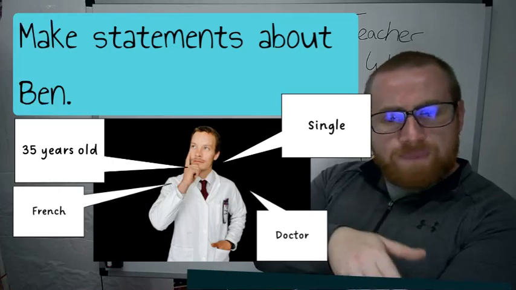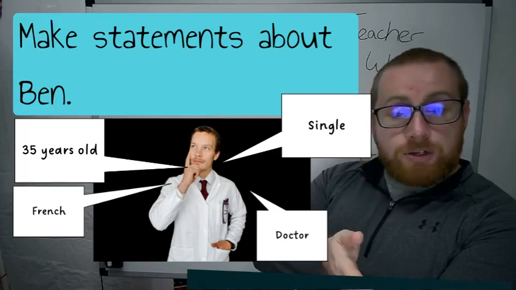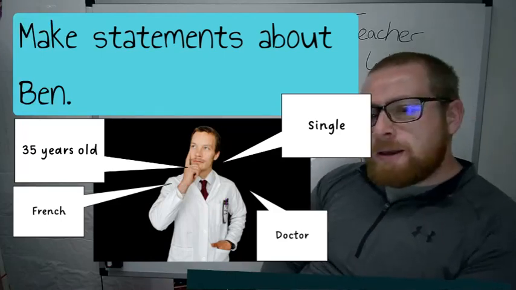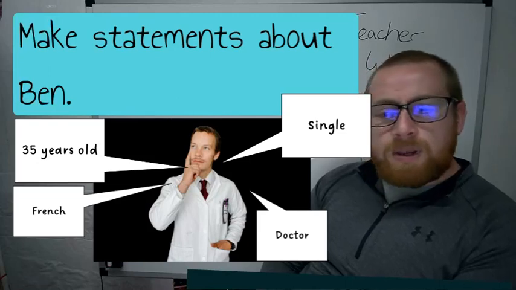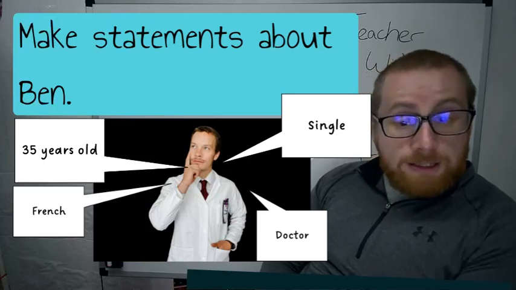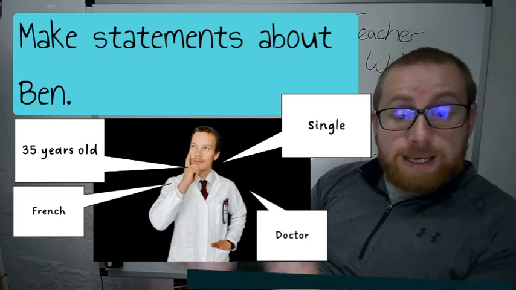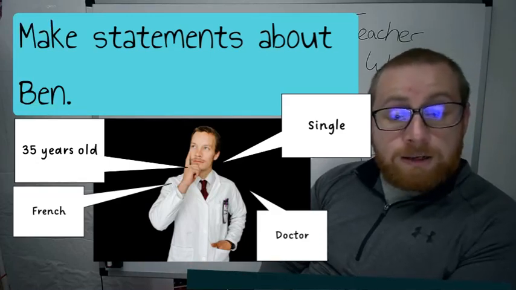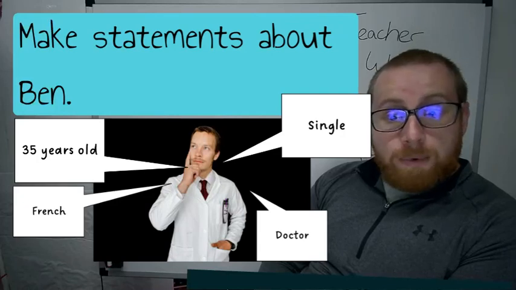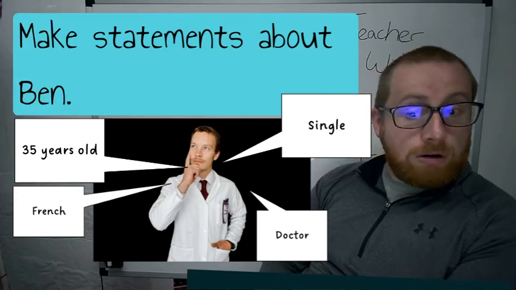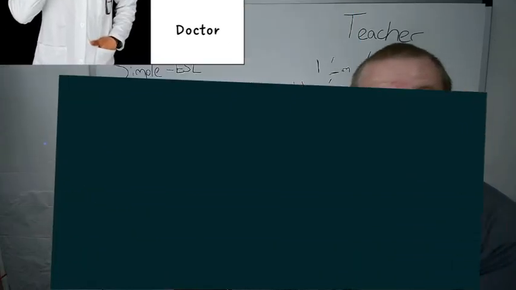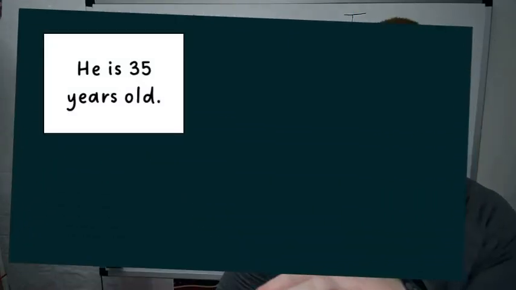He is French. Maybe use the contraction to describe his relationship. He's single. He is, shrink it down, he's single. And his job, he's a doctor. He's a doctor. And we can see this structure here.